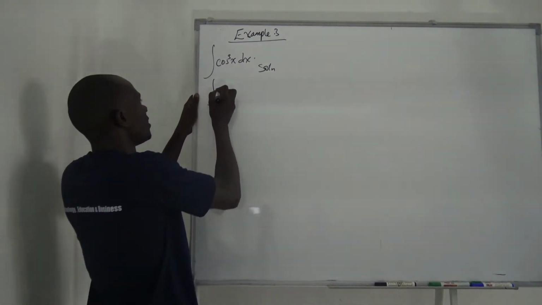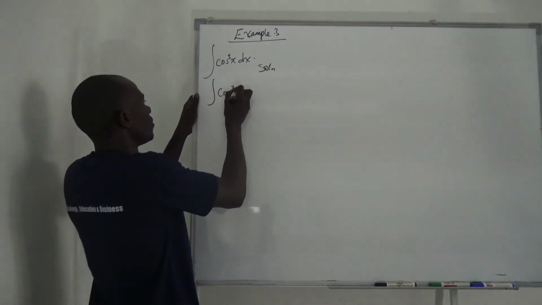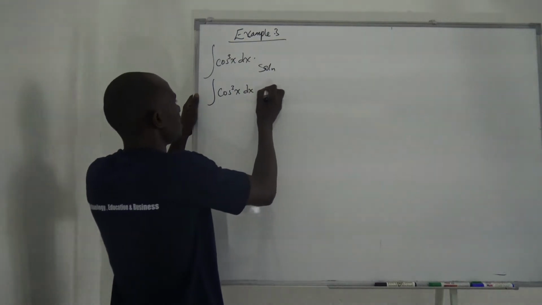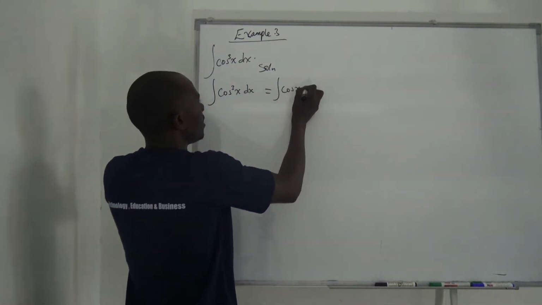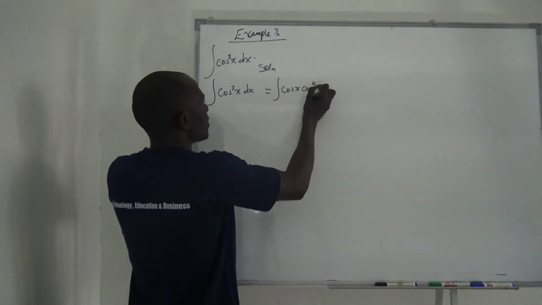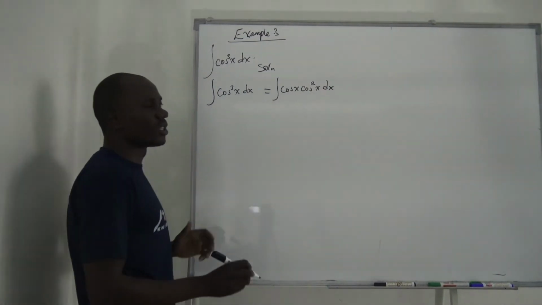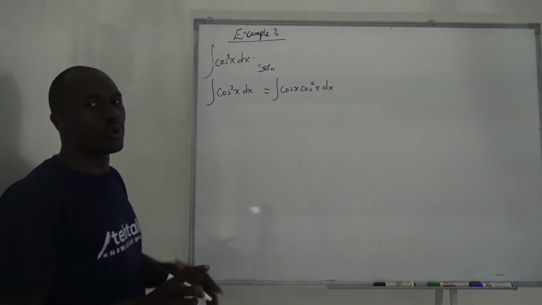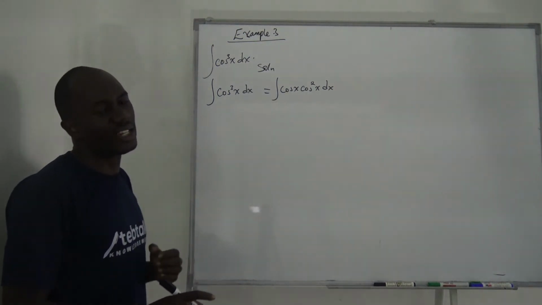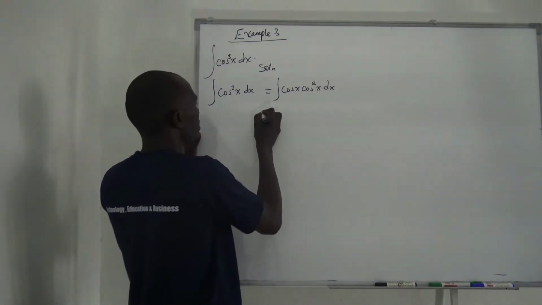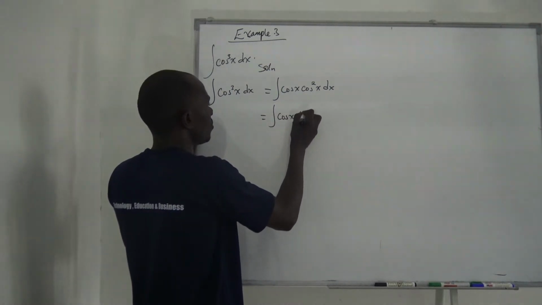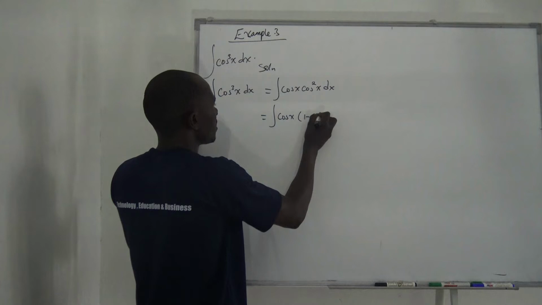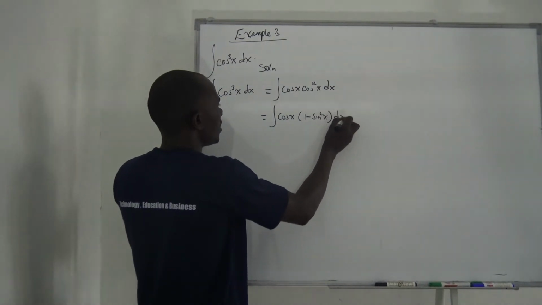So you go ahead: integral of cos cubed x dx is the same as integral of cos x, then cos squared x dx. When you see a squared element, we bring in the Pythagoras identity. So this is the same as integral of cos x into 1 minus sine squared x dx.